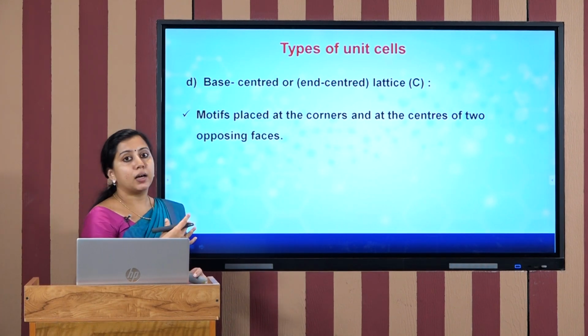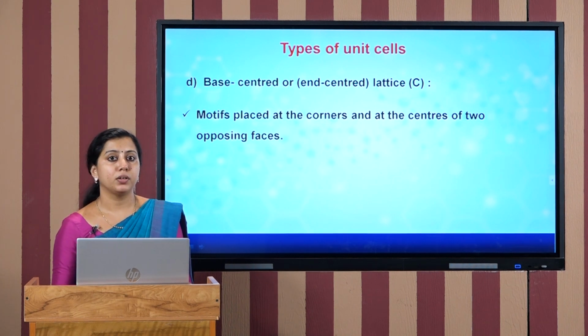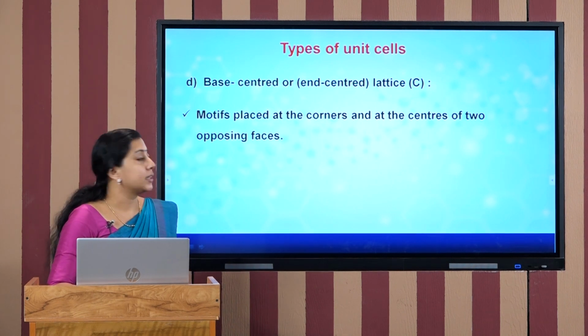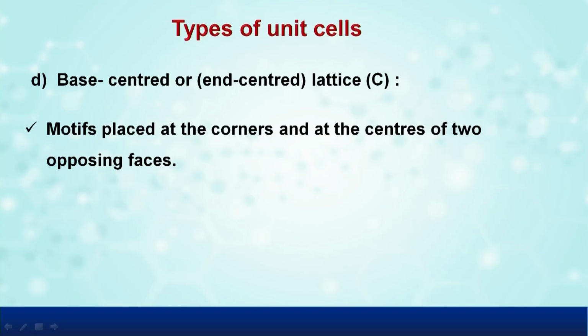And the next is a base centered or end centered lattice. So, in this, the motifs are placed at the corners and also at the centers of 2 opposing faces. Okay.